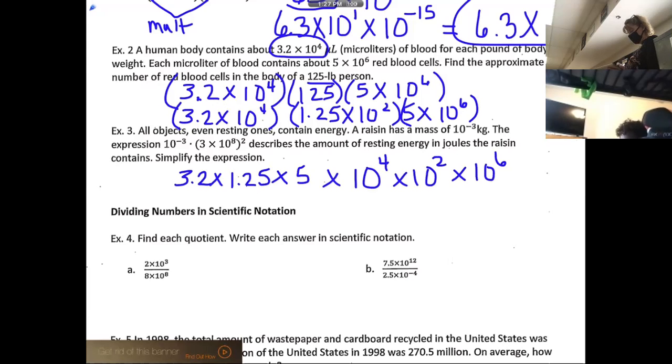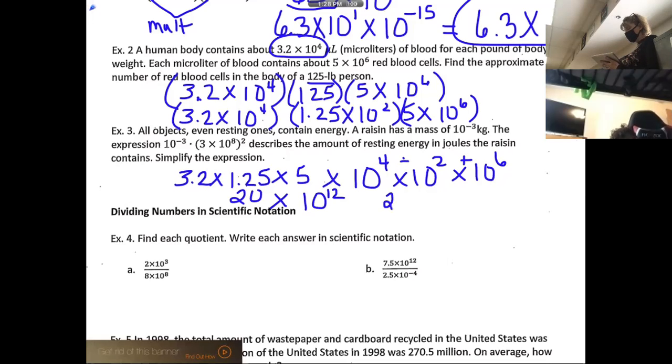Okay. Now we're going to take 3.2 times 1.25 times 5. I think Zoe's got this. All right, so we have 20. Now we're going to have our 4 plus 2 plus 6, 12. But now 20 is too big, so I have to move it over.